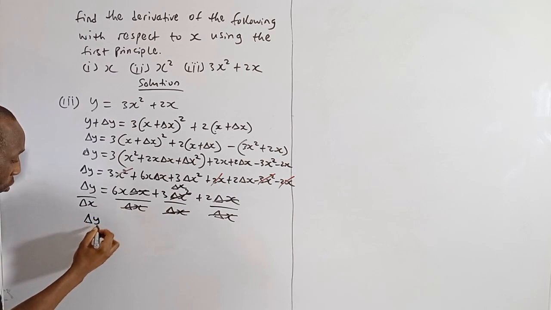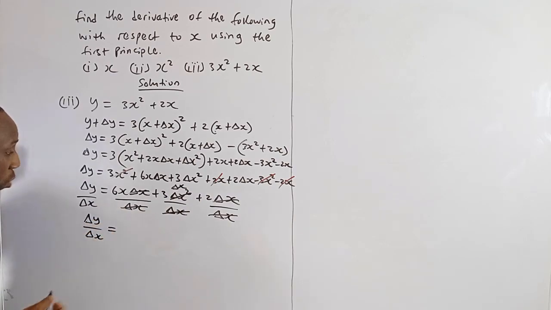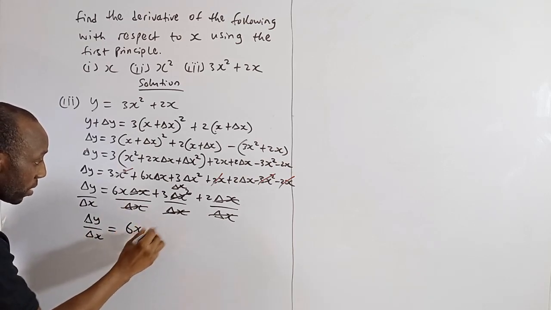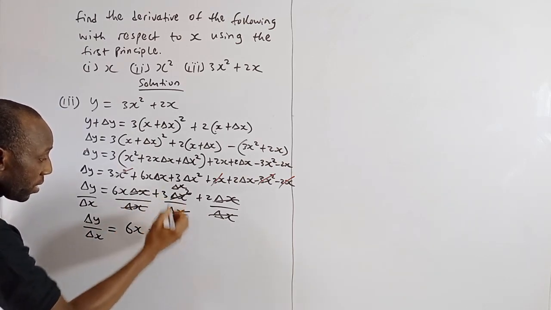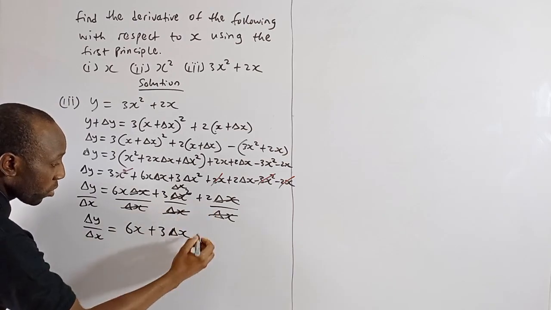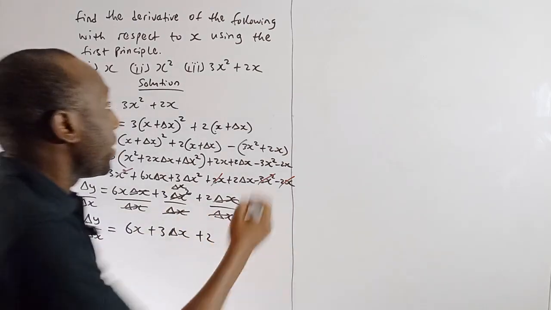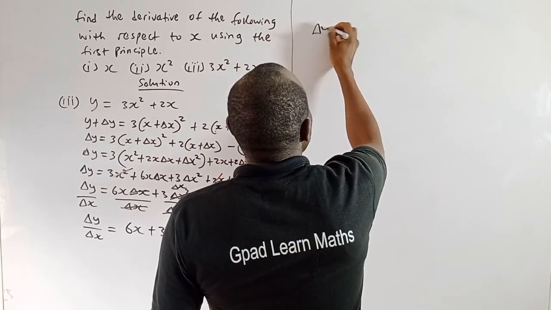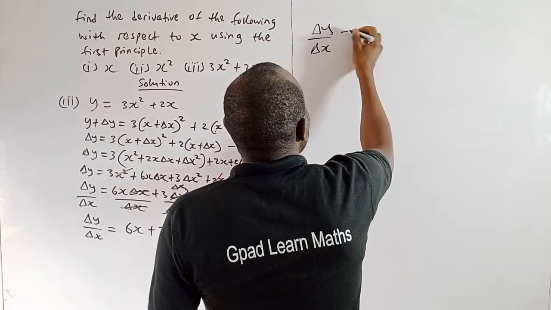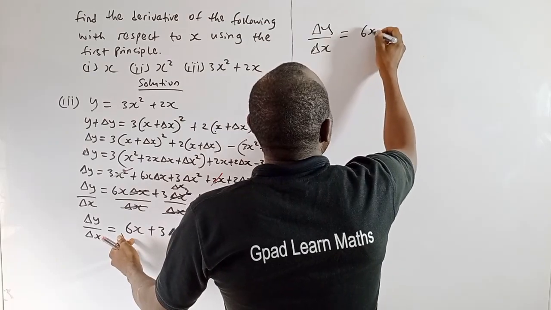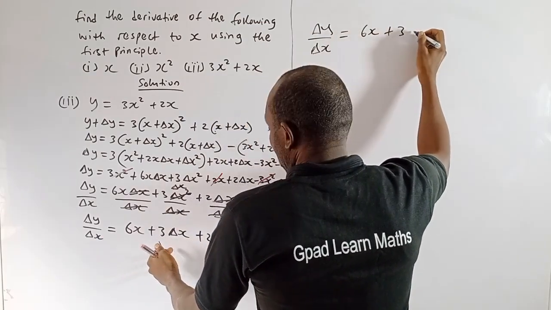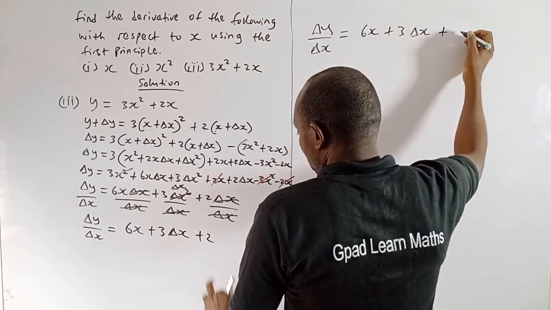We have change in y over change in x is equal to, this is 6x plus 3 change in x, then plus 2. So let me just rewrite it here. Change in y over change in x is equal to 6x plus 3 change in x plus 2.